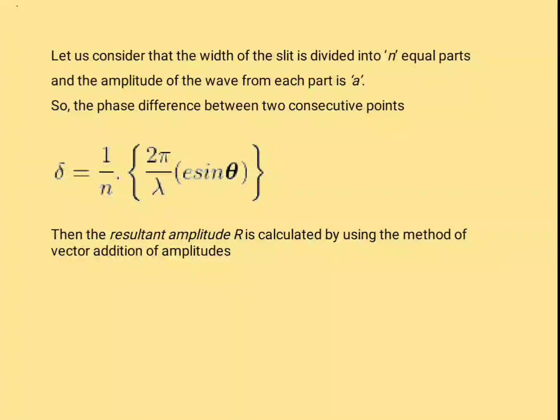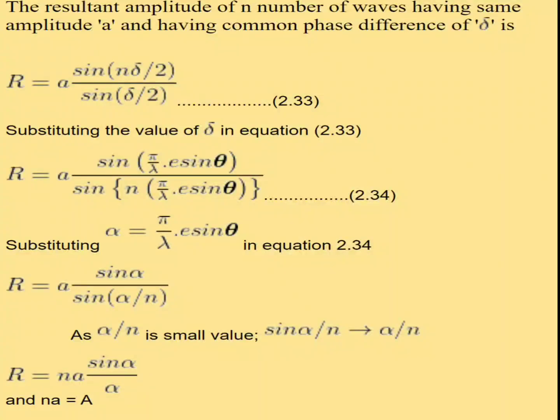Now what is the resultant amplitude for the total number of divisions? It can be measured with the help of vector addition of amplitudes. So by using vector addition of amplitudes, we finally find the resultant amplitude.